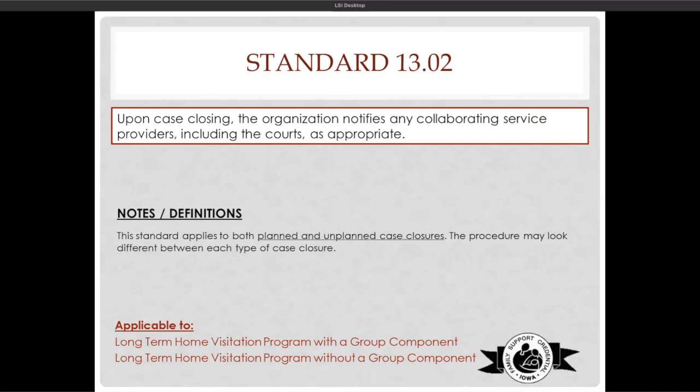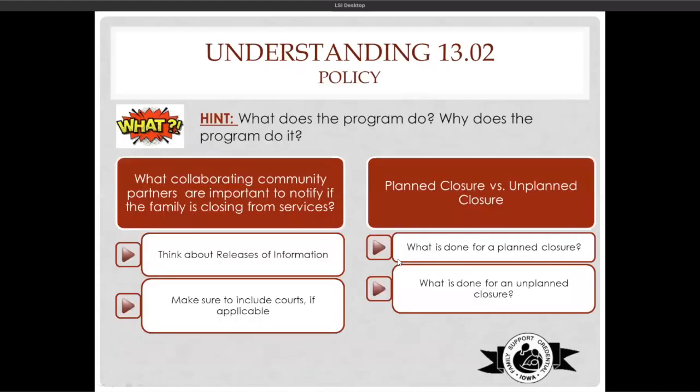I see a lot of times that we've got a pretty good outline of the process for planned closures, but it's a little bit harder to do in unplanned closures, so your procedure really needs to address that as well. What happens when you didn't see it coming or you didn't get a chance to meet with the family before they closed? You can still do these things, especially, well, it's a little bit more applicable in 1303, and then again, long-term home visitations with or without a group component.